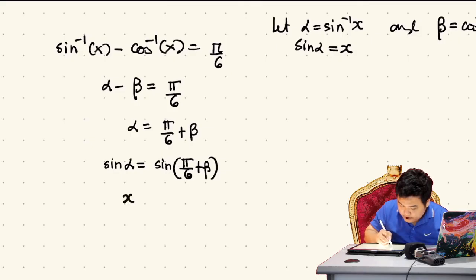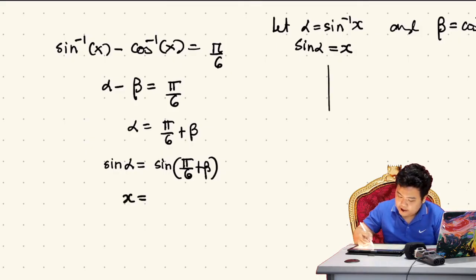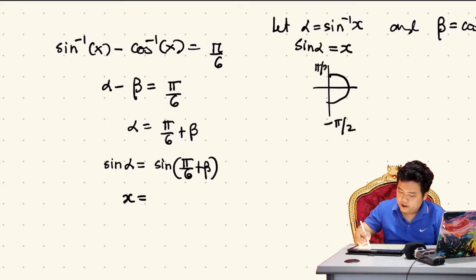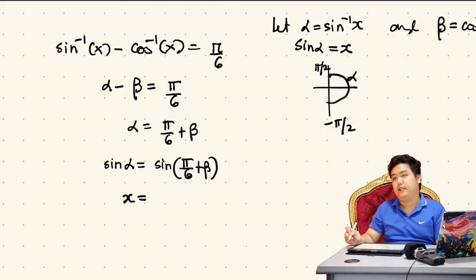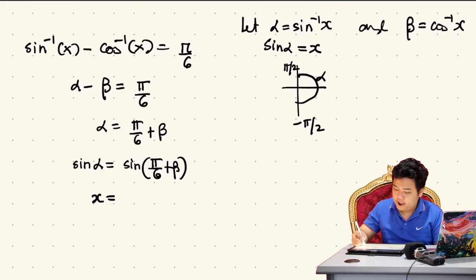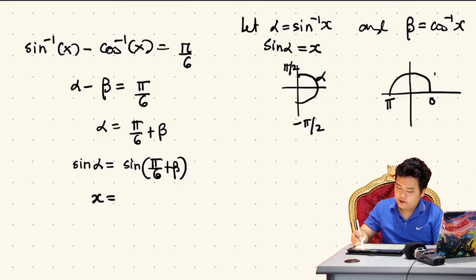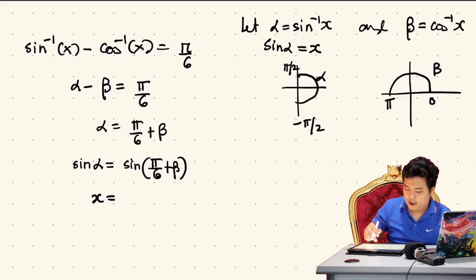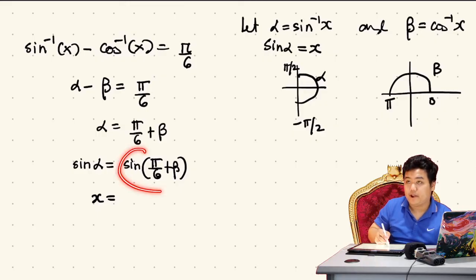So, that is x. Anong restriction pala ni alpha natin? Negative pi over 2 to pi over 2. So, siya yung alpha. Okay? Kasi yun yung range ng inverse trig function. For cosine naman, or for beta, 0 to pi, and dito si beta. Okay. So, tingin tayo dito.